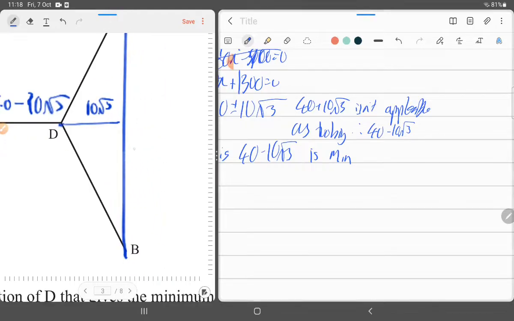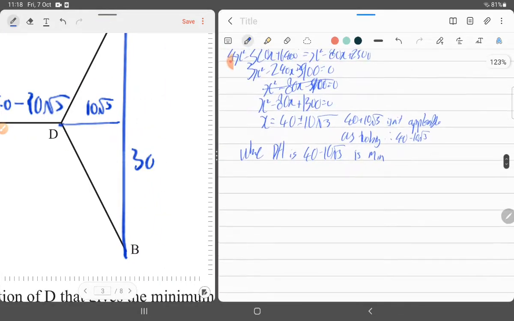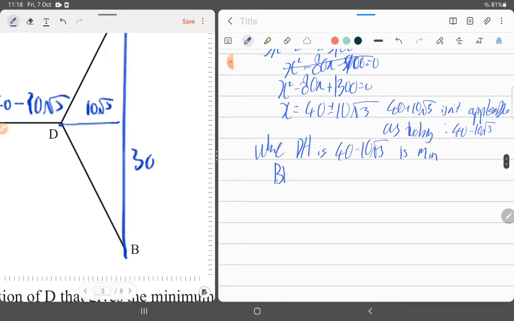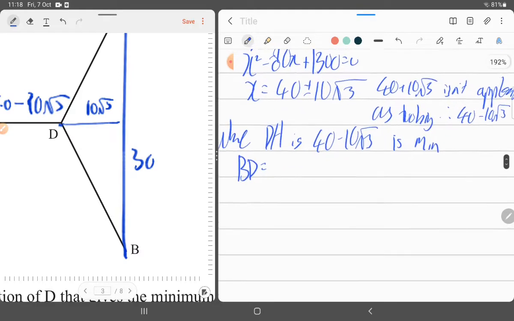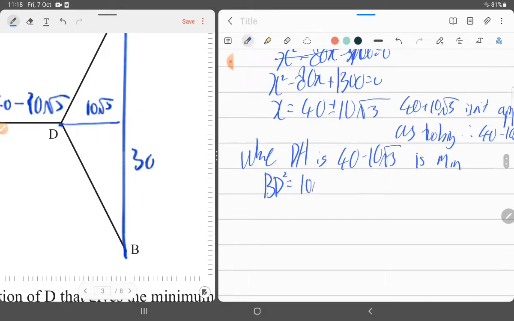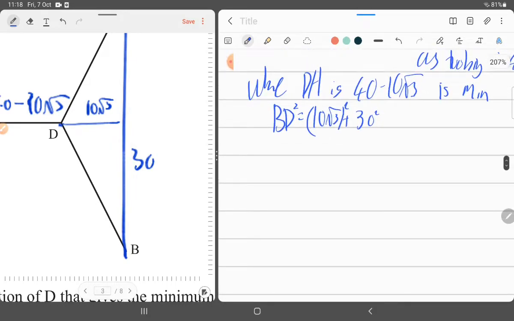10 square root of 3, 30. So BD squared is equal to 10 square root of 3 all squared plus 30 squared.